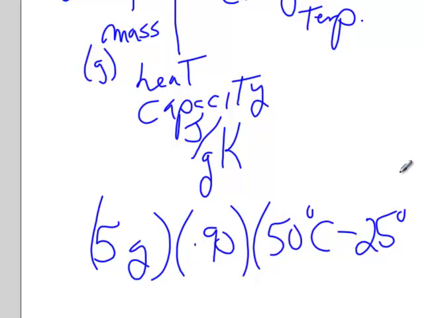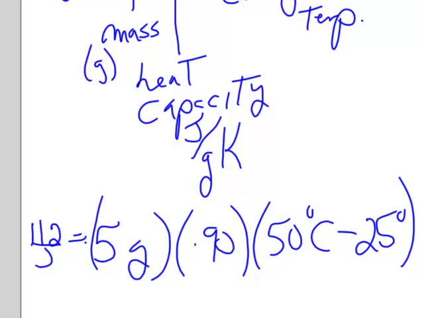What is the amount of heat that has been gained by the aluminum? This is merely a multiplication. 5 times 0.9 times 25 gives me 112 joules. And of course, there's all kinds of places you could put the unknown and solve for whatever it is they don't tell you. And that's really all that is.